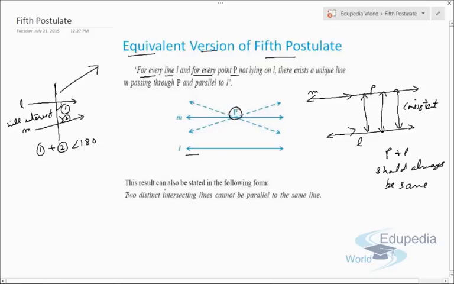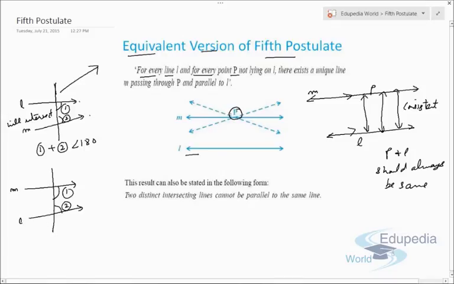So how can it be further extended? In the previous version of the fifth postulate of Euclid's geometry, we discussed that if the sum of these two angles, angle 1 and angle 2, is less than 180, then the lines L and M will intersect. Now suppose there are two parallel lines like this, line M and line L, and there is another line lying on these two lines, making angle 1 and angle 2.